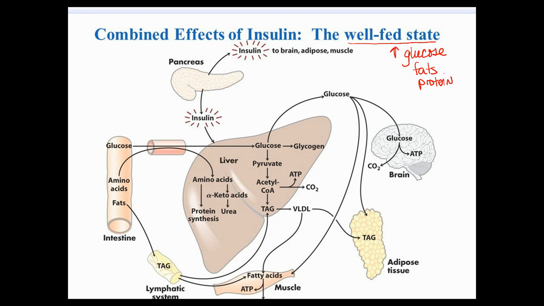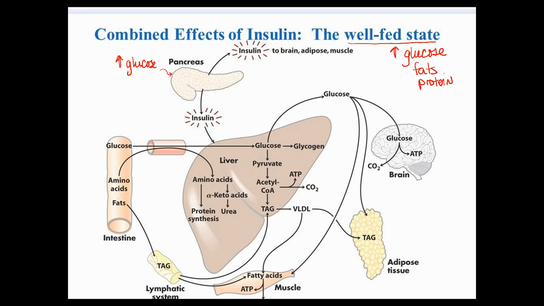Okay, the high amounts of glucose trigger a response in pancreatic cells that has its own separate pathway that we normally don't discuss, but I want you to be aware that it's the glucose that stimulates through a whole series of pathways the release of insulin.